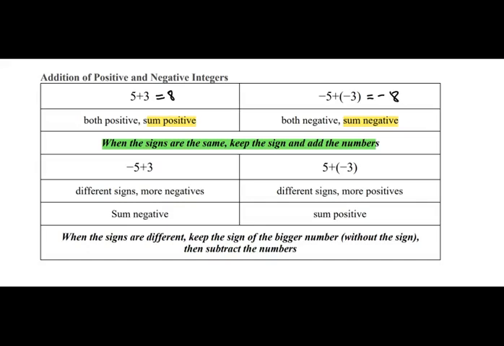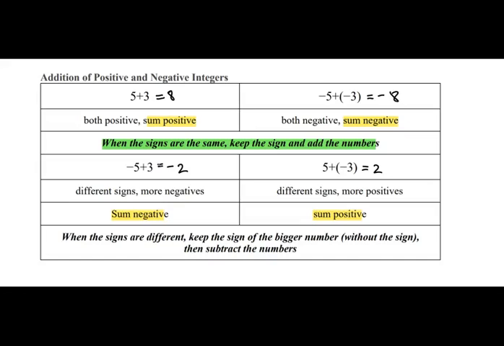In the second example, we had different signs, but the positive number had the bigger value. It was 5, and the negative number was a 3. So the sum was positive. Let's write those answers down: -2 and then +2.